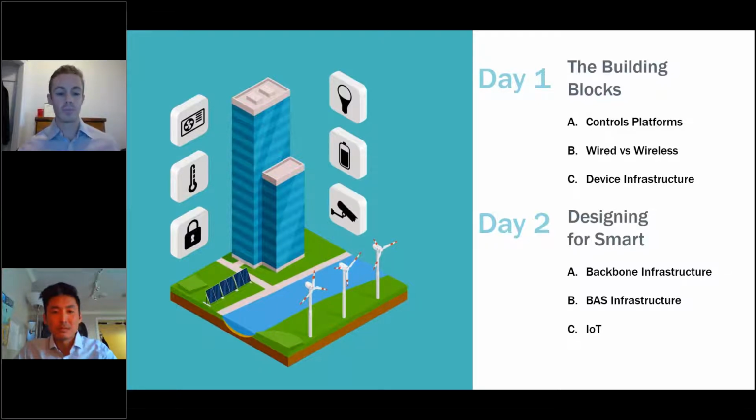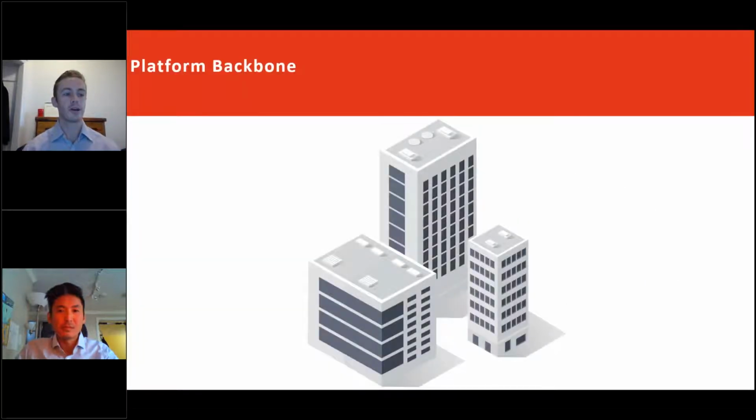Then I'm going to hand it over to Bo, and he's going to take it home for us and talk about how we're going to tie a lighting controls platform into the building automation system, and how that will lend itself to IoT applications.